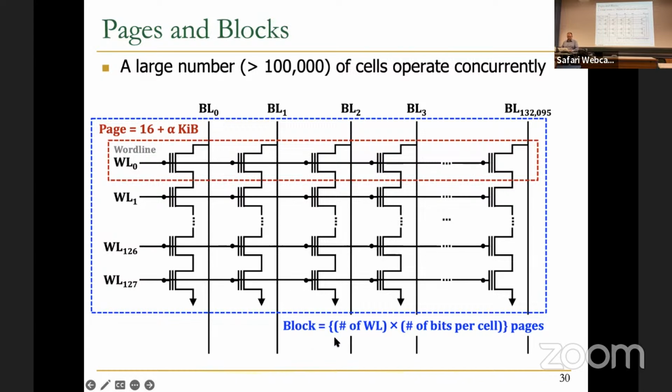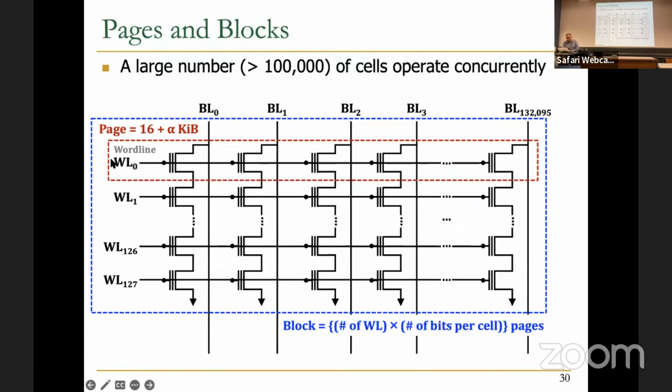Essentially, a block is the number of word lines that we consider times the number of bits per cell, because each of these cells can be SLC or MLC, right? So when we want to see how many pages each block can store, you should also consider whether your cell is SLC or MLC.